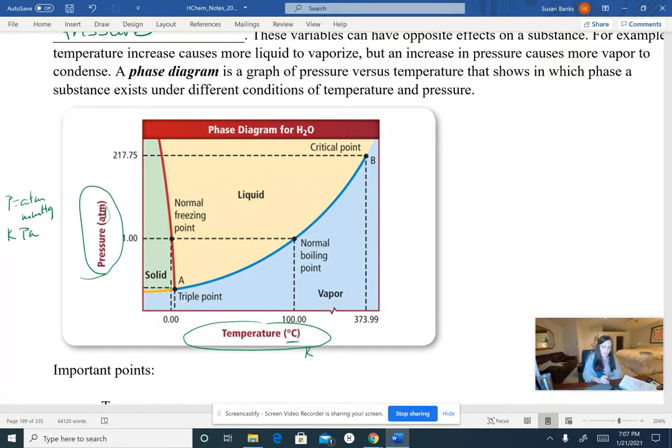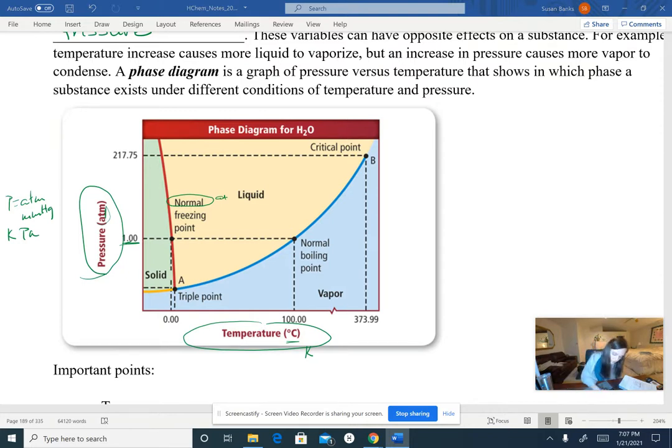Okay. So this is the phase diagram for water. So notice that for my normal, and remember what normal means. Normal means at standard temperature or standard pressure. Standard pressure is 1 atmosphere or 760 millimeters of mercury.